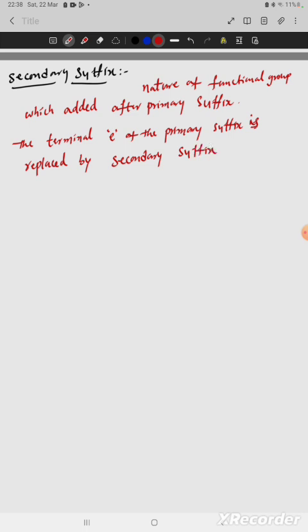We will see a few examples of functional groups and their suffix. See here: functional group, its symbol, and secondary suffix.